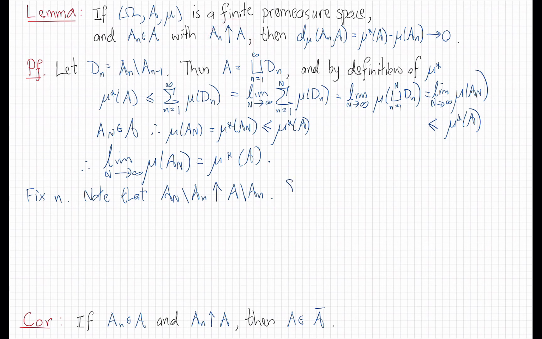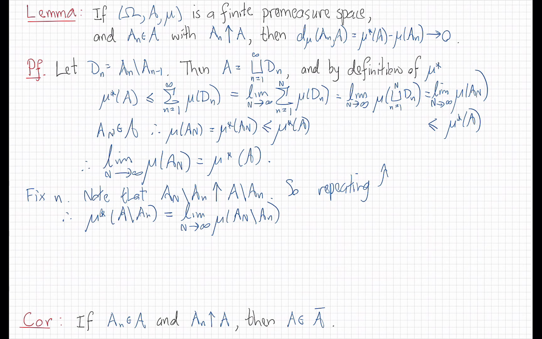And so, repeating the entire argument, or simply applying it to this new increasing family of sets, we get that the outer measure of A minus an is equal to the limit as capital N goes to infinity of mu of A capital N minus A little n.